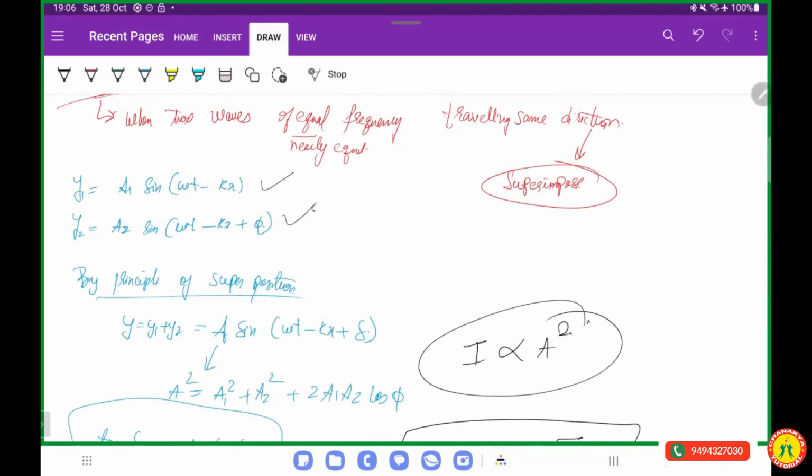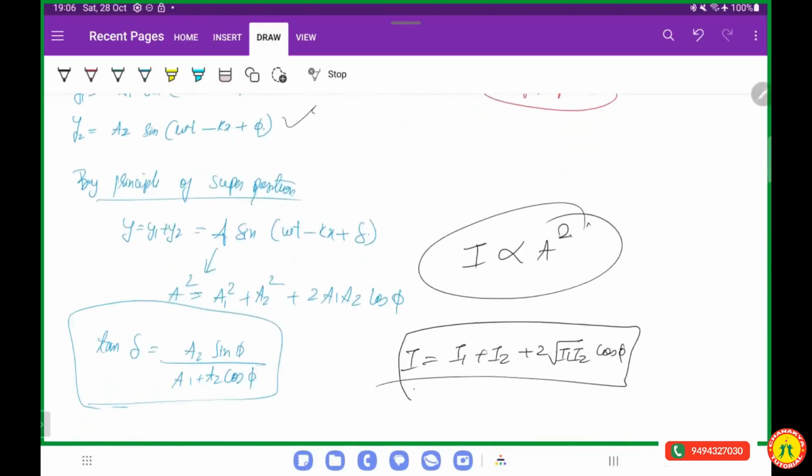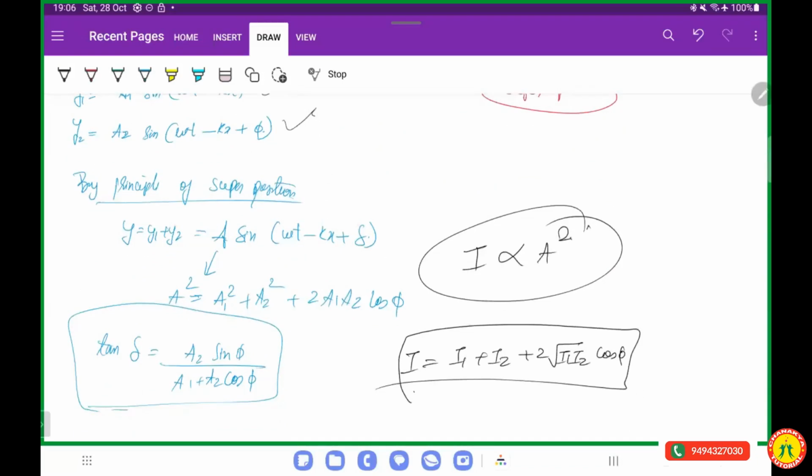As we see here formula wise, Y1, Y2 get superimposed by the superposition formula y equals y1 plus y2, A sine(omega t plus kx plus delta). So A is the square root of A1 square plus A2 square plus 2 A1 A2 cos phi. Phi is the phase angle.